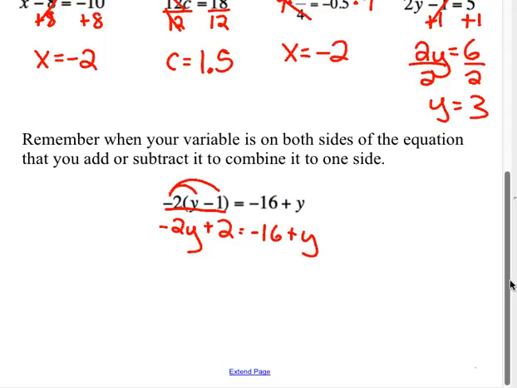Now, notice in this instance, my y is on both sides. So I need to combine those y's together to get this to work, okay? So what I'm going to do is I'm going to add this 2y to both sides, because that's going to cancel it off from over there. Now here, 1 plus 2 is going to give me 3.